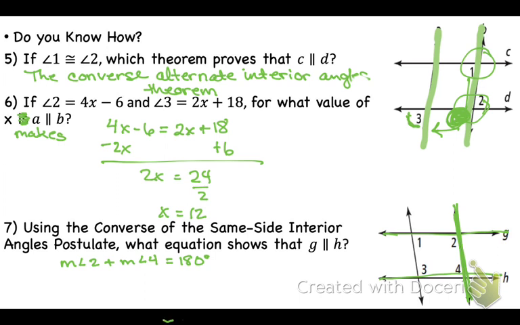Could I have also said the measure of angle 1 plus the measure of angle 3 equals 180? Okay, so when your book says write an equation, you need to have unknowns. We have angle 2 and angle 4 unknown, but I do know they equal 180. So when it asks you to write an equation, they seriously want you to write an equation. It's going to have variables in it. Make sense?